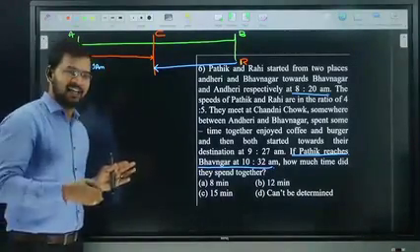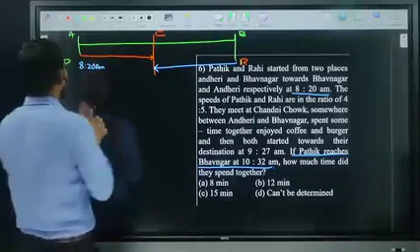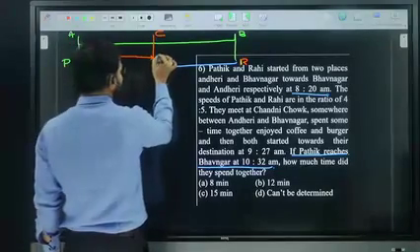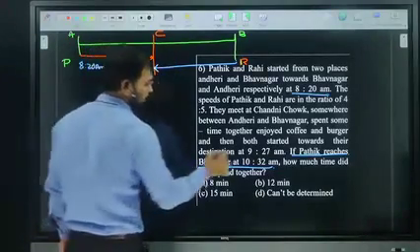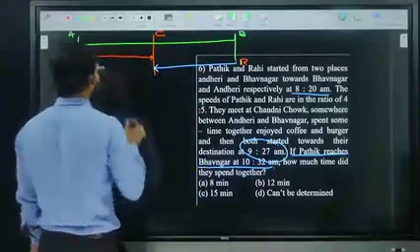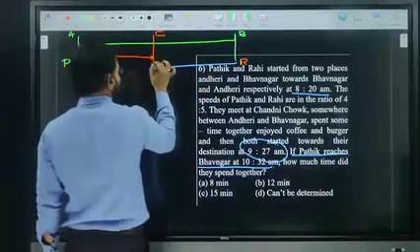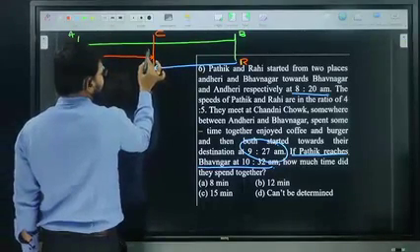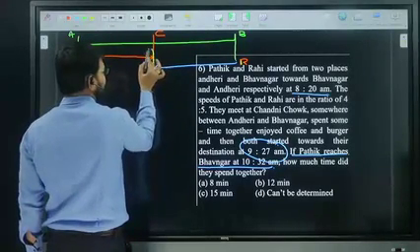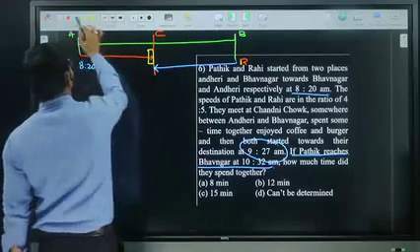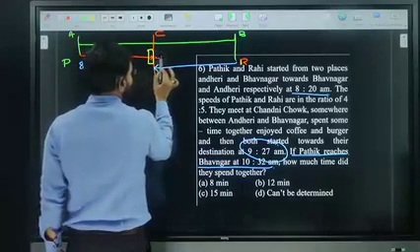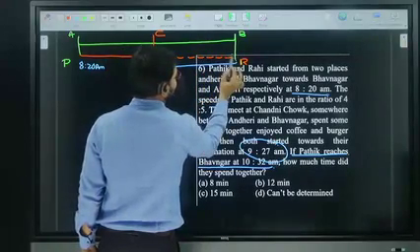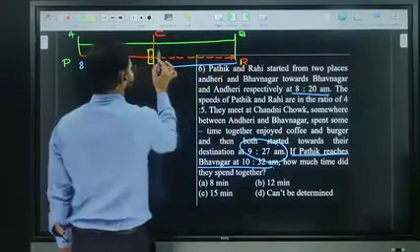After spending time together, Patik and Rahi leave Chandni Chowk at 9:27 a.m. That is the leaving time. I don't know the reaching time, but I know the leaving time. From here they reach Bhavanagar, and the leaving time is 9:27 a.m.